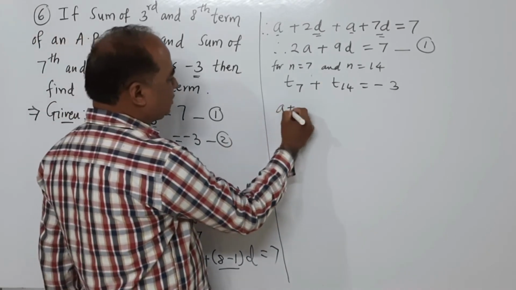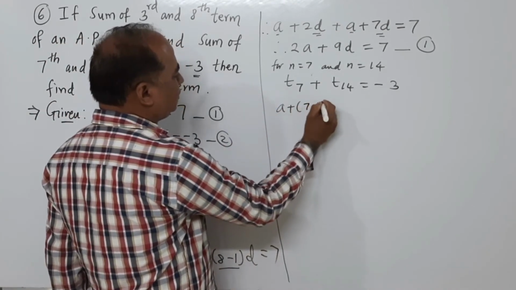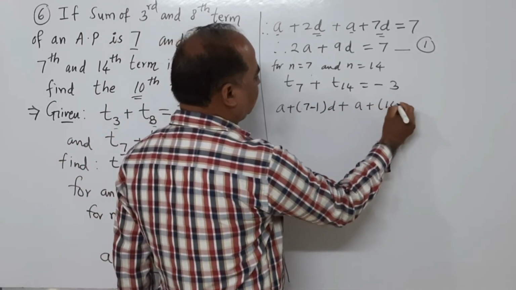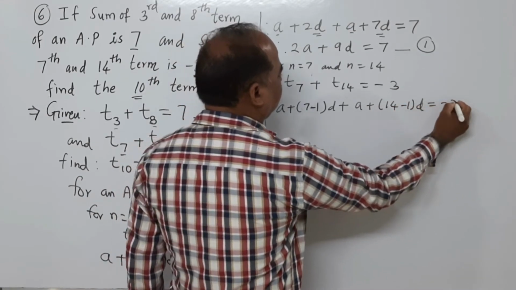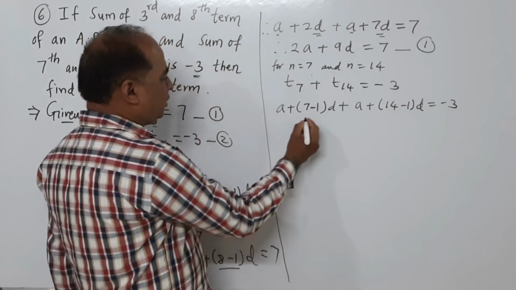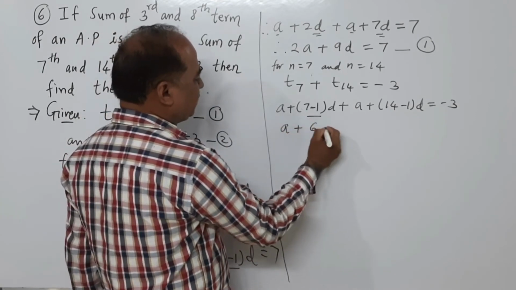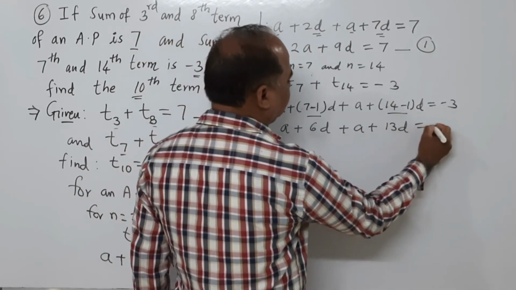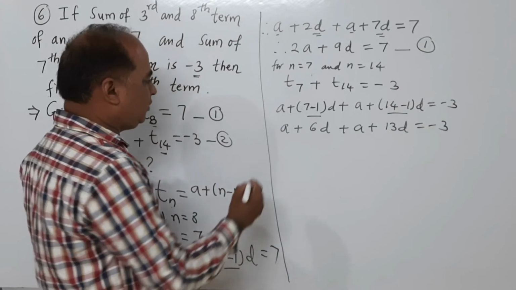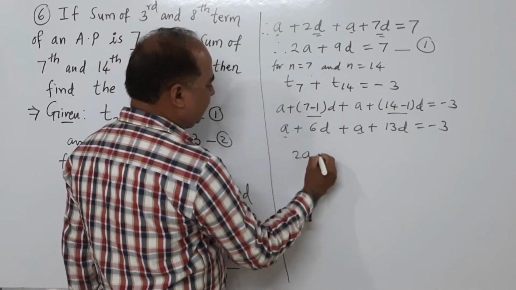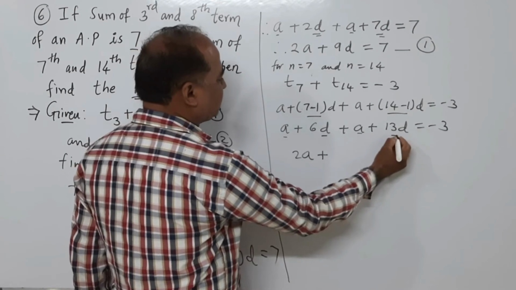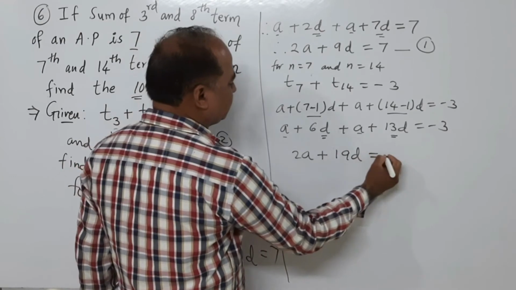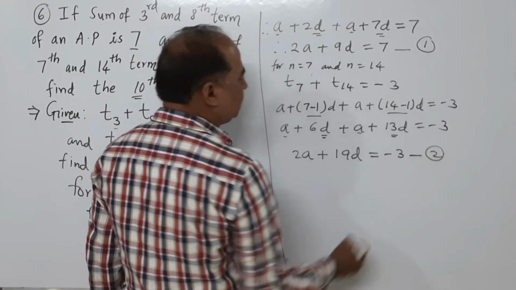We will get a plus 7 minus 1 into d plus a plus 14 minus 1 into d is equal to minus 3. Now a plus 7 minus 1 is 6d, plus a plus 14 minus 1 is 13d, is equal to minus 3. Now a plus a is 2a, plus 6 plus 13 is 19d, which is equal to minus 3, equation number 2.